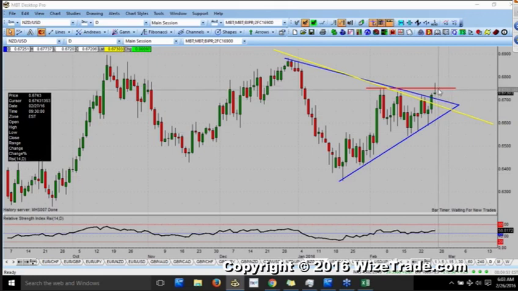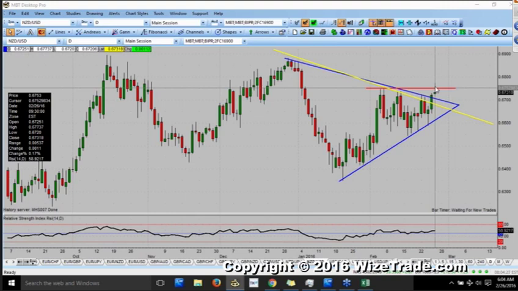Just look at how the daily candle is forming right now. It's not very pretty. Now, I'm not saying that we're going to end the day like this. There's a lot of time left in the day. You just have to watch it. Be very careful. And like I said, I took a small loss, and I'm done with it. I don't even want to deal with it right now. But if we can close above 67.50, that's huge.